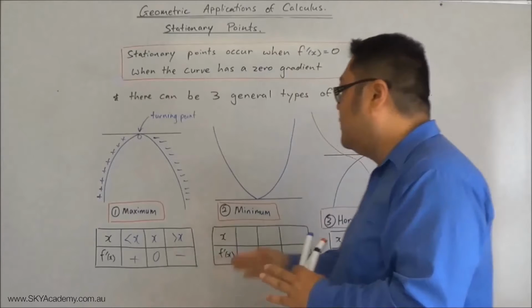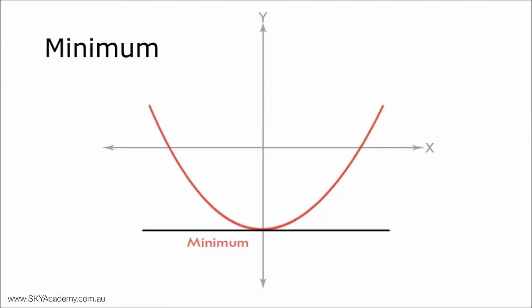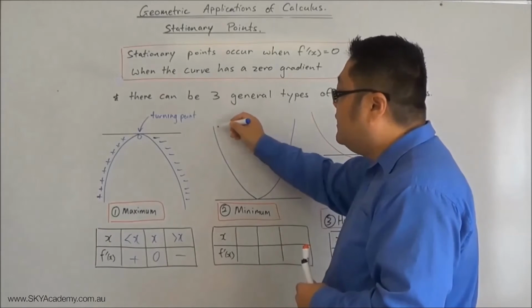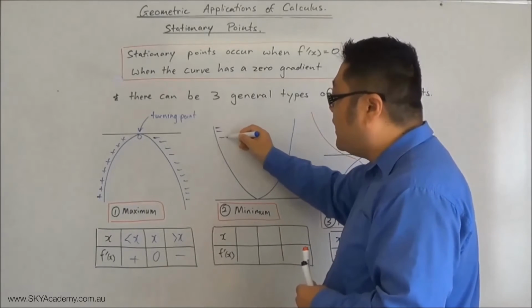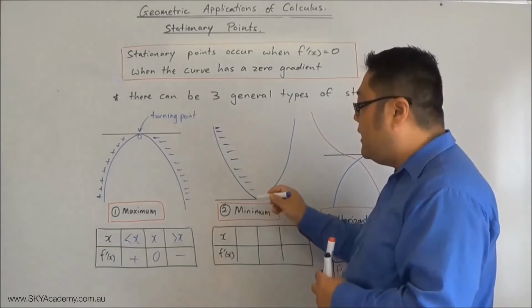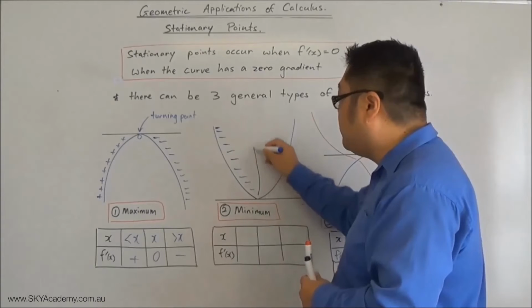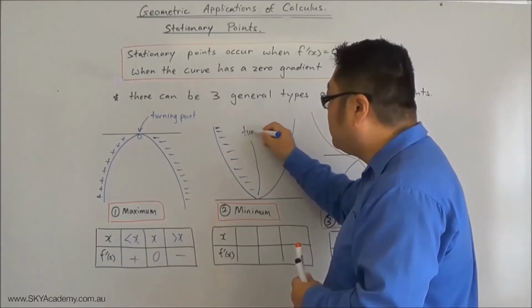The next type is a minimum, and the minimum is the exact opposite of a maximum. You start off with a negative gradient all the way to the point where it turns on itself, and that point is called a turning point, remember?